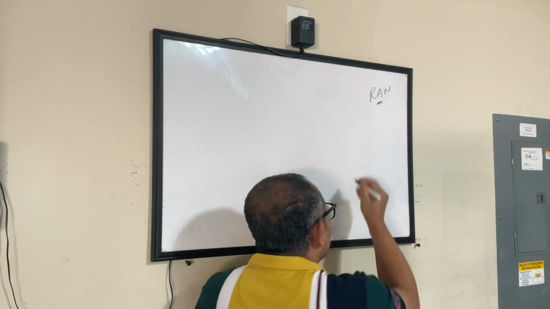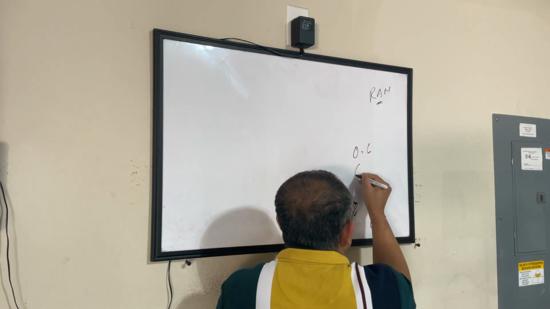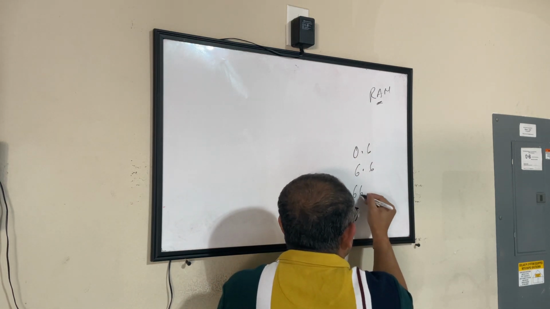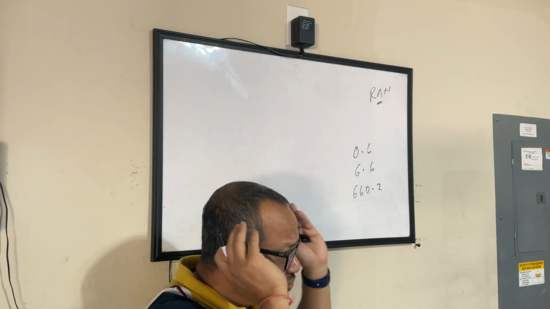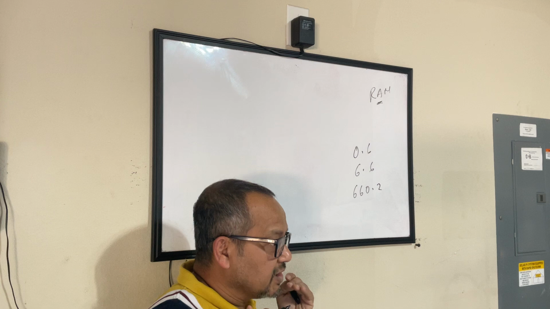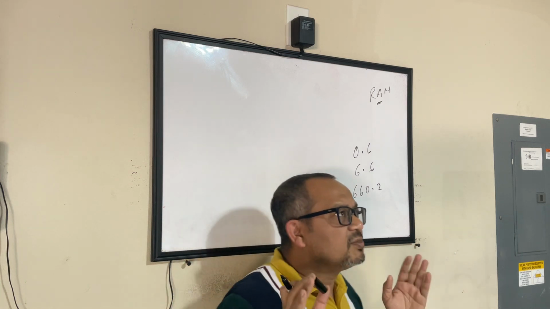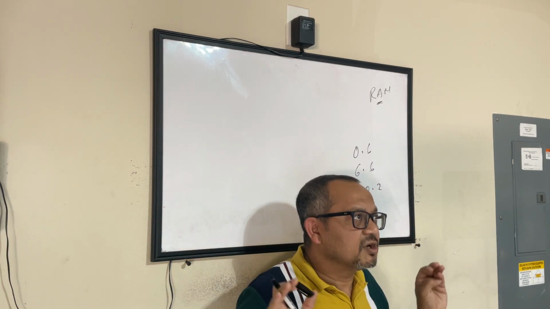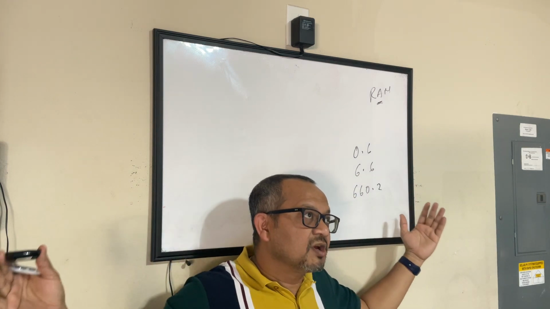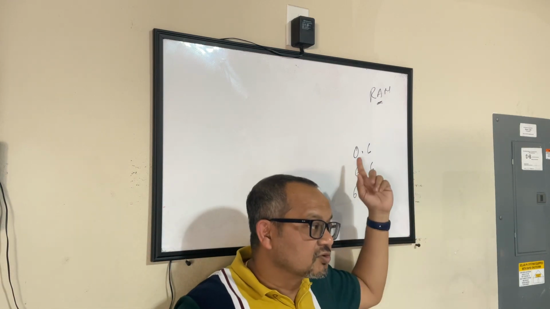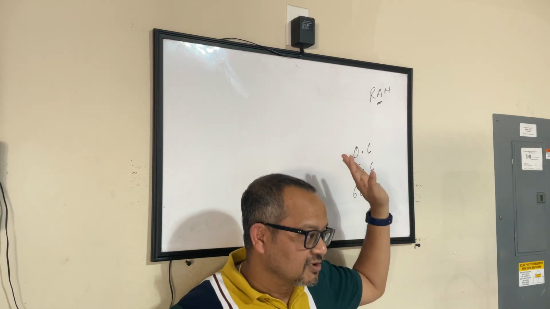If you get 0.6 versus 6.6 versus 660.2, you have to also do some backward thinking: which is bigger, foot or meter? I have the information that my meter is bigger. So if I'm talking about a bigger unit, obviously I'll have more. So I cannot go to 0.06, that option is ruled out.